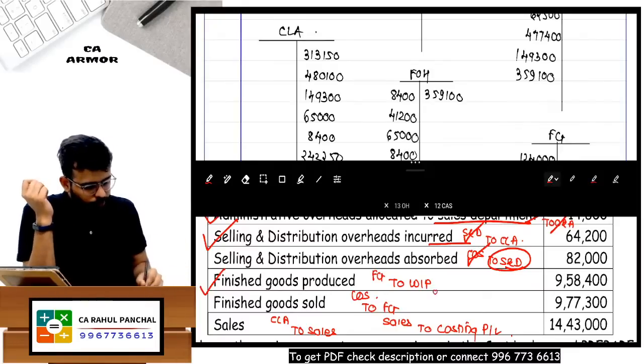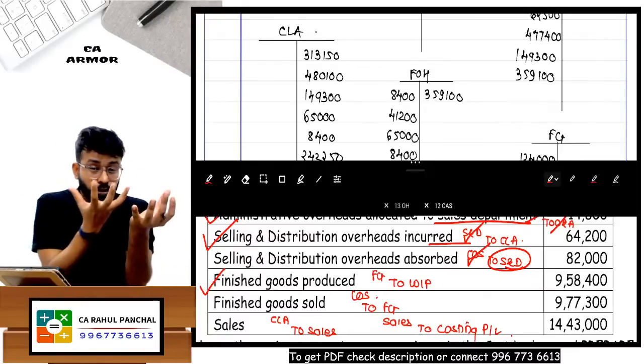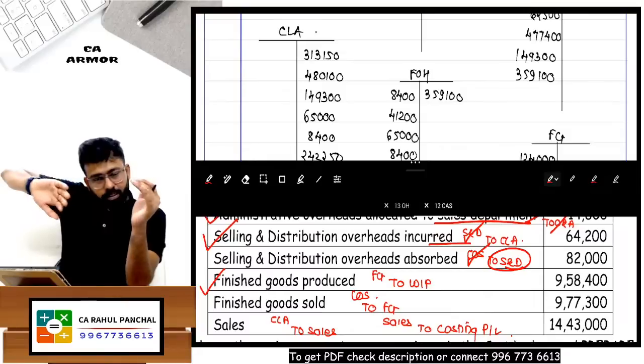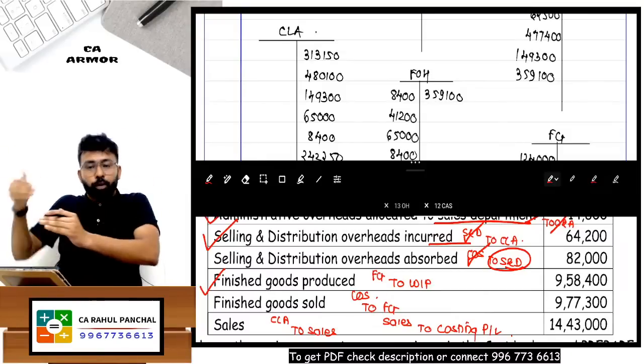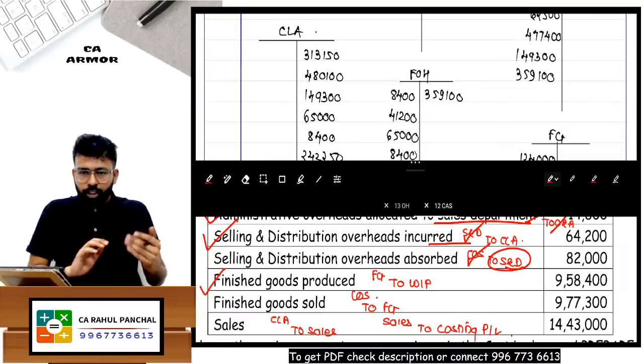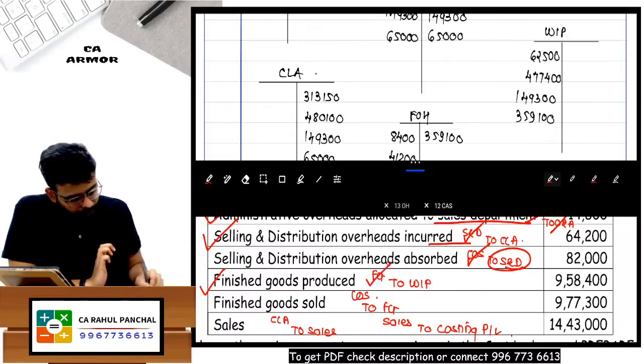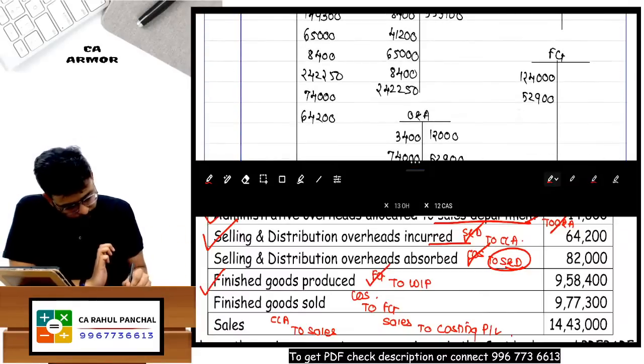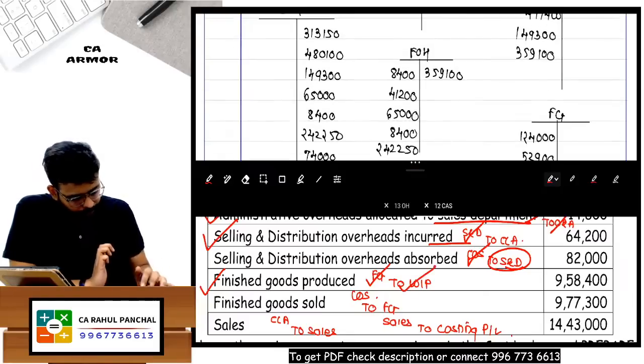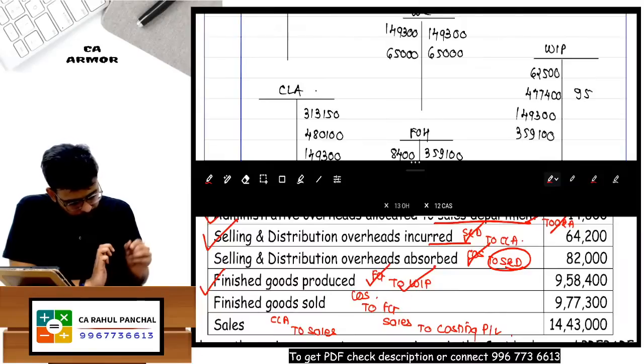Finished goods are coming in, and WIP is going out. So finished goods debit side, we have produced this many units, 9,58,400, and it is coming from WIP. It is going from the factory to the warehouse.